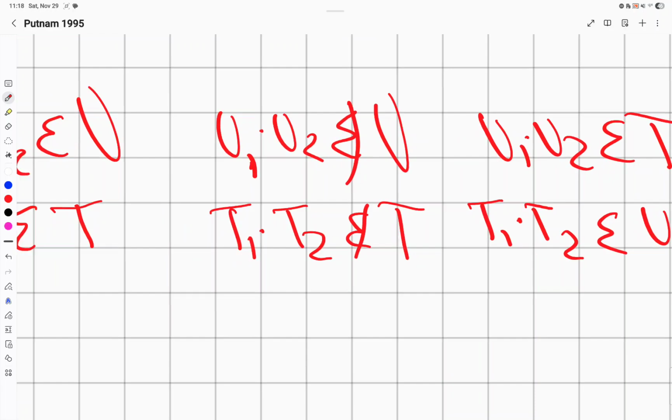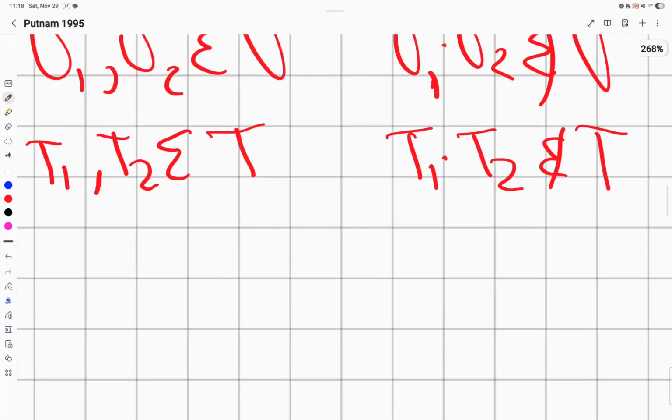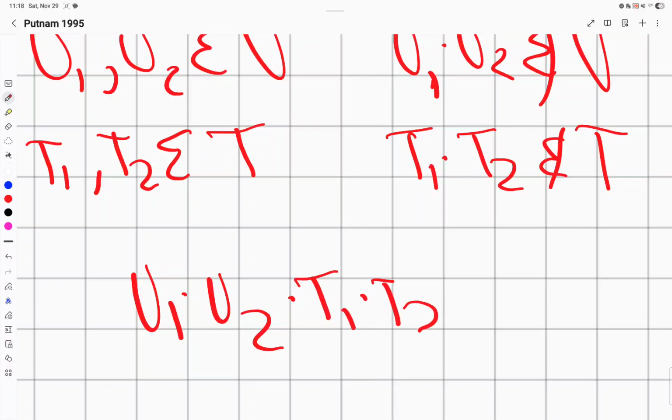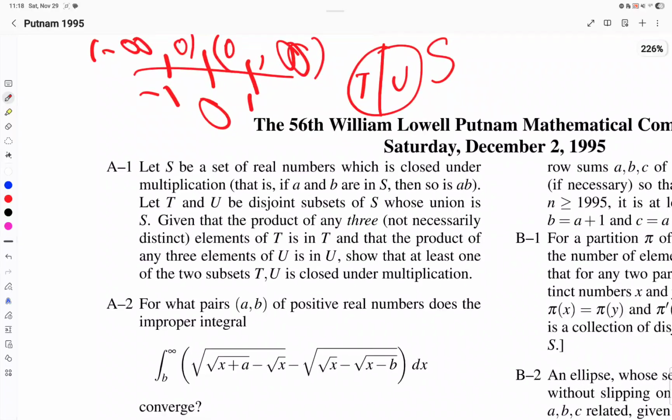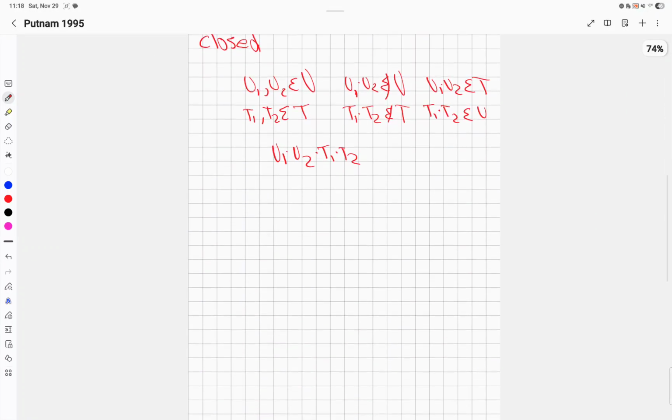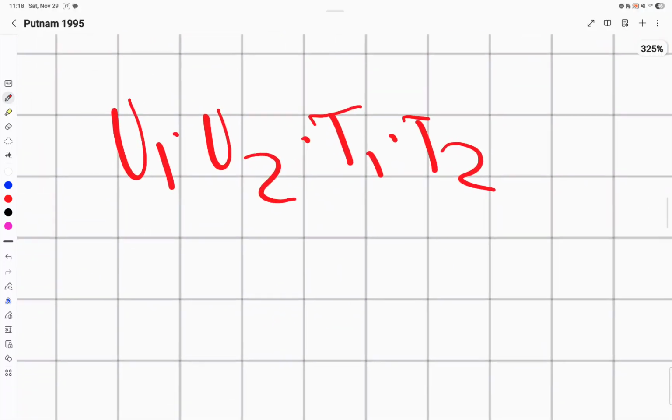Well, now let's look at another element. Let's look at U1 times U2 times T1 times T2. This is where we're going to use the fact that any product of any three elements of T is in T, and that the same applies to U. Well, what set is this in?